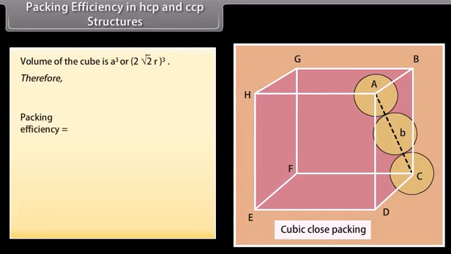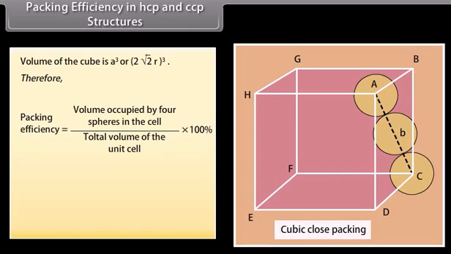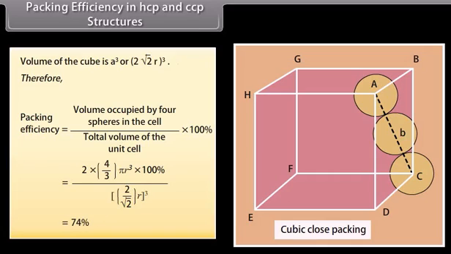Therefore, packing efficiency is equal to volume occupied by 4 spheres in the cell times 100 upon total volume of the unit cell, which is equal to 4 into 4/3 pi r cube times 100 upon (2 square root 2 r) cube, which is equal to 74%.